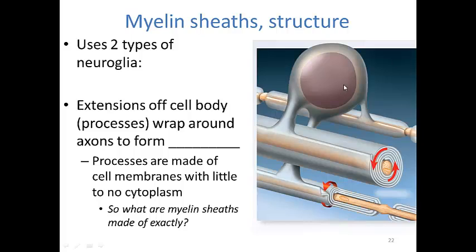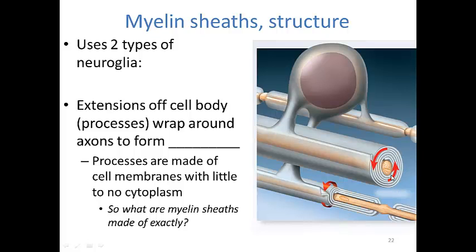So in this picture here, we see the nucleus of an oligodendrocyte. Notice parts of the cell membrane of the oligodendrocyte are branching off, and those branches are wrapping around this structure here, which is an axon of a neuron. Notice that the oligodendrocyte has wrapped itself several times around the axon of this neuron.